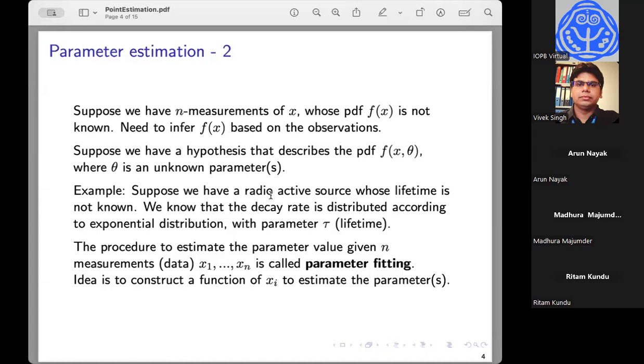That is what f(x; theta) means here: the PDF which comes from the hypothesis. But the actual PDF of X may not be known to you. You have some observations from an experiment, and you assume that if my hypothesis is correct, and it depends on some parameter theta, then what will be my parameter?